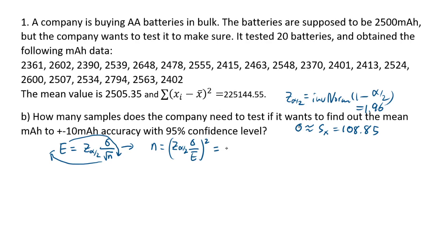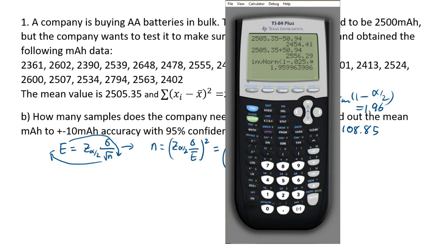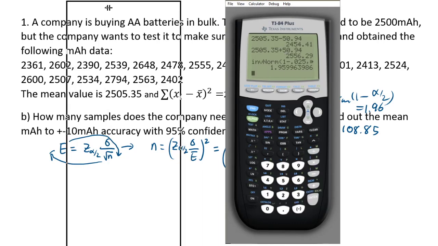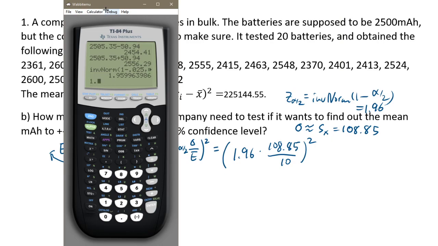So in our case, it will be 1.96 times sigma, which is 108.85, and then we divide it by 10, which is the desired accuracy, and then we square it. So let's apply that to a calculator. 1.96 times 108.85 divided by 10.